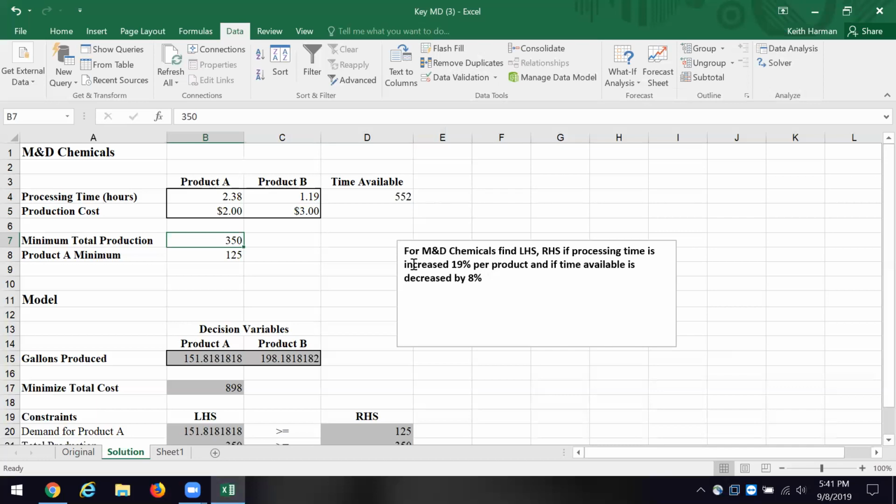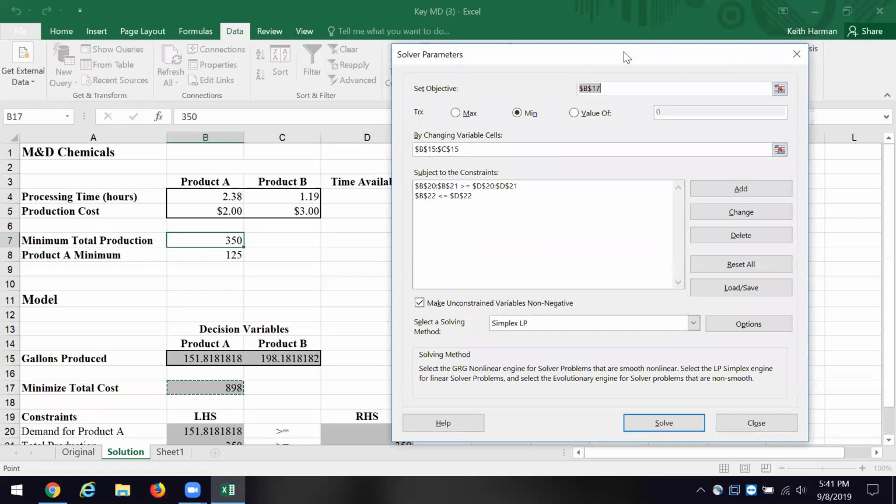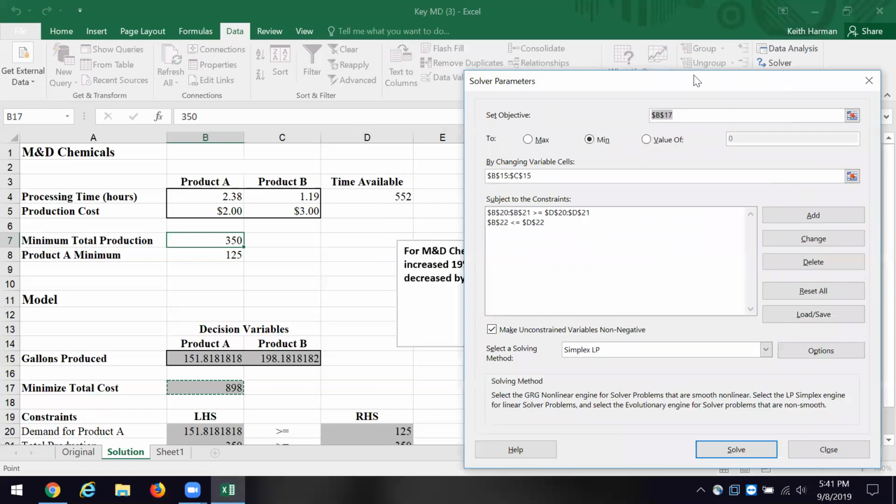Well, we've got this solution, so let's go back up here. We'll go to Solver. Now click on Data. Okay, here we are, and we have the objective function, B17. I'm going to minimize, and I'm changing the variables B15 and B16.